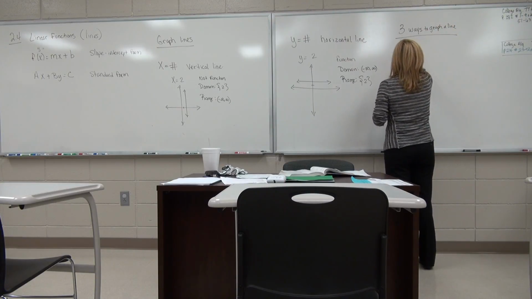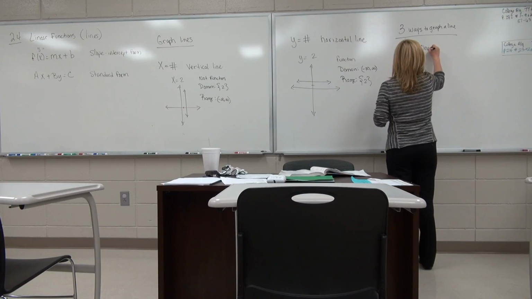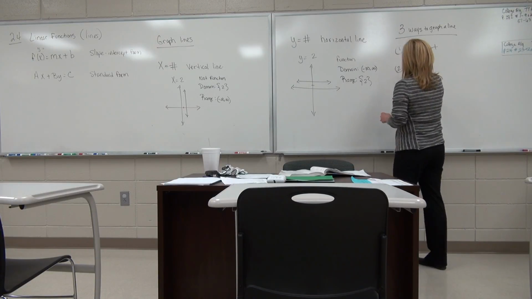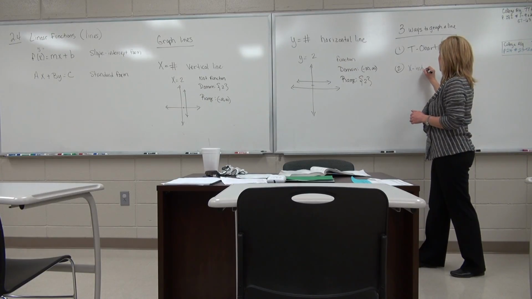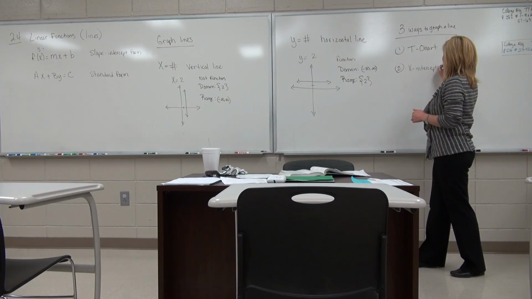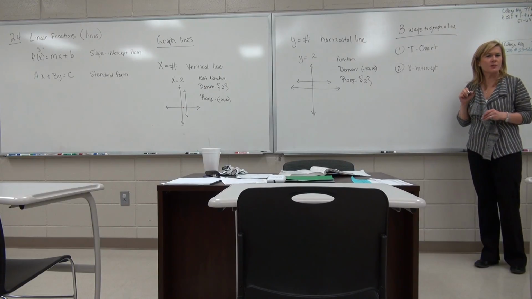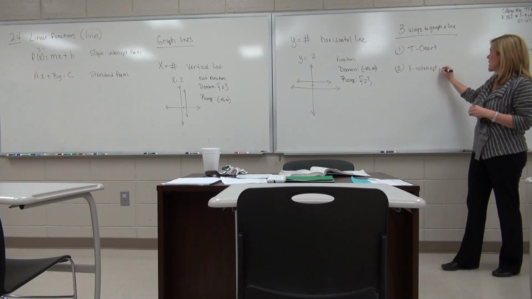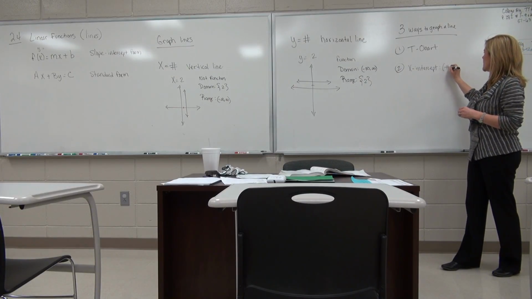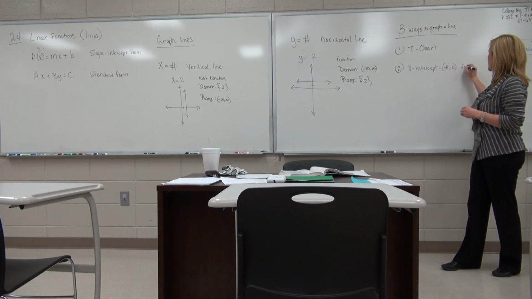The first way is if you want to do a T-chart, which we're probably not going to do many of those. The next way is by your x and y intercept. Do we do an example of x and y intercept? Maybe that first day where we let y equal 0. So your x-intercept, remember, is a point where you got some x value, y is 0.